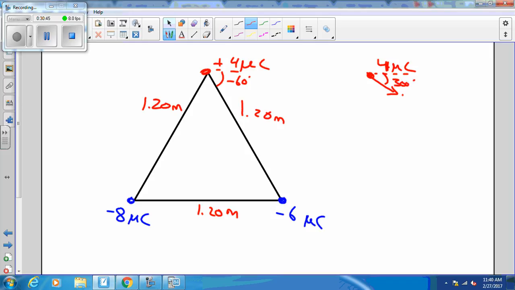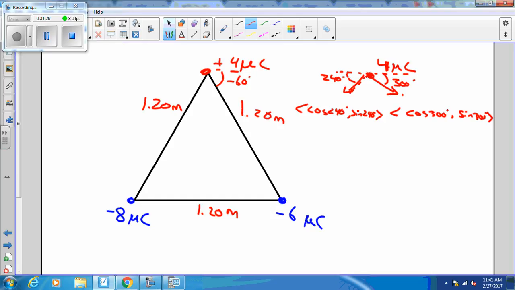And this force right here is going to be at an angle that is 60 degrees from here, or 240 degrees from due east, just like that. So although I don't necessarily have the magnitudes, I can go ahead and do my direction vectors as cosine 300 and sine 300, and my direction vectors here as cosine 240 and sine 240. And then I'll just have magnitudes that I can multiply by.